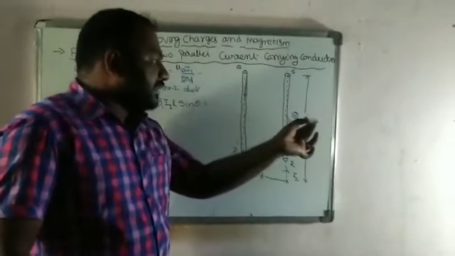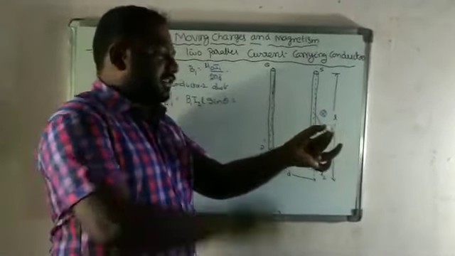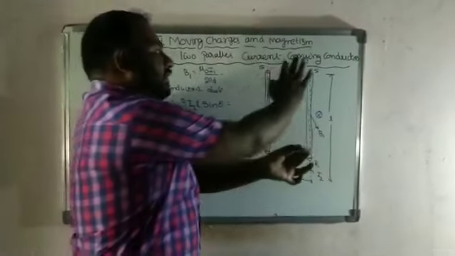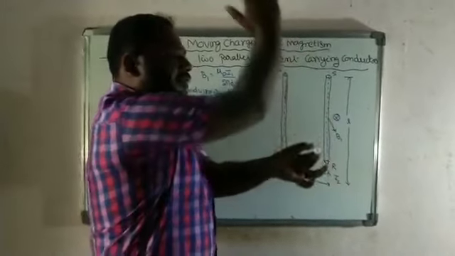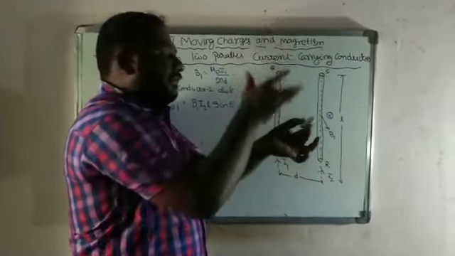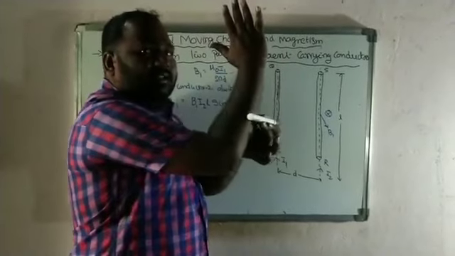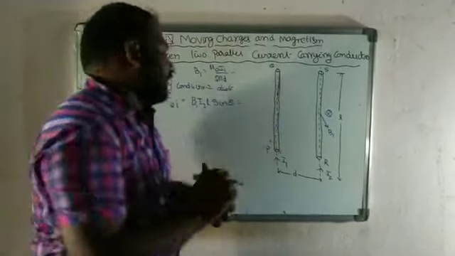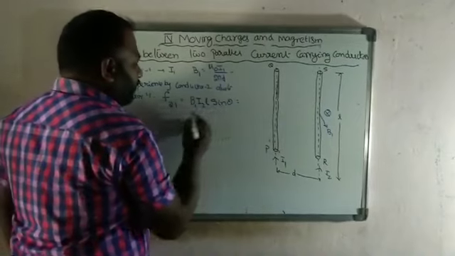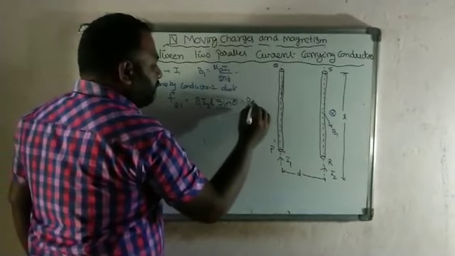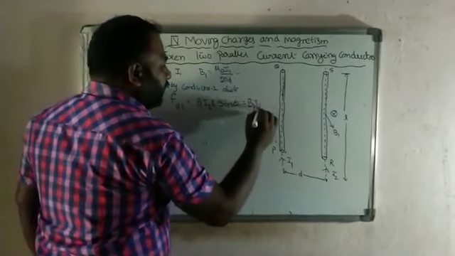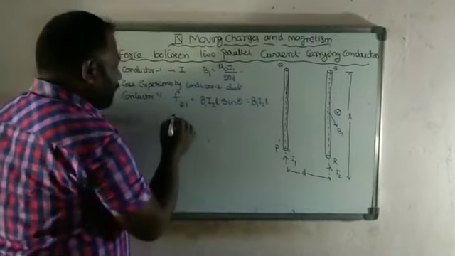B1 is into the board and the current in this conductor is in the upward direction. The angle between the field and the conductor is 90 degrees, so theta equals 90. Now we have B1 I2 into L. From this, what is the force?